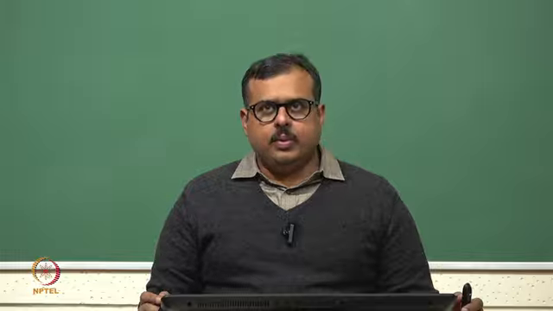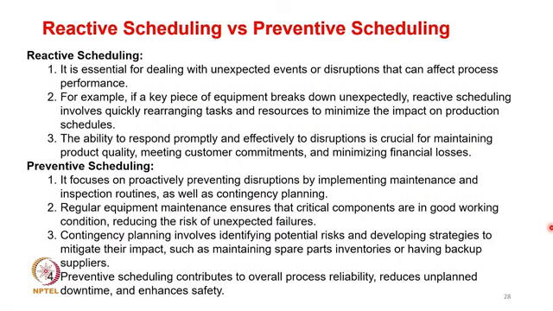So, just a few more side topics. When we do scheduling, it typically can be reactive or preventive. Reactive is when you deal with unexpected events. Even if you plan something, there can be an unexpected event that happens in the plan, and you need to deal with it while in process.